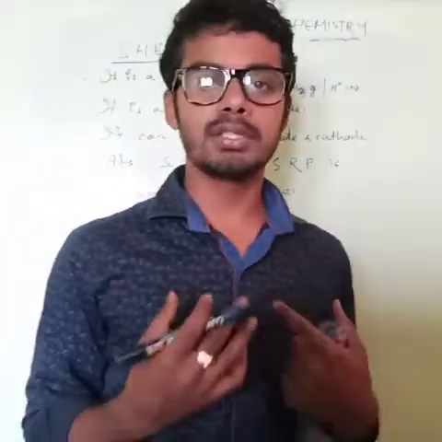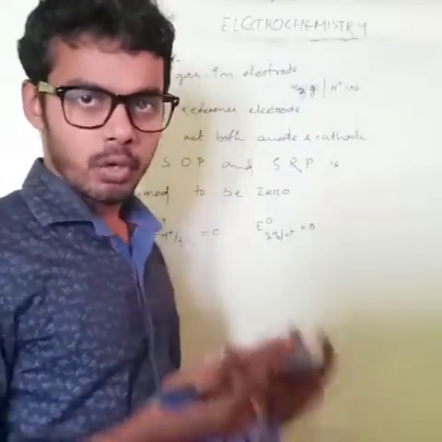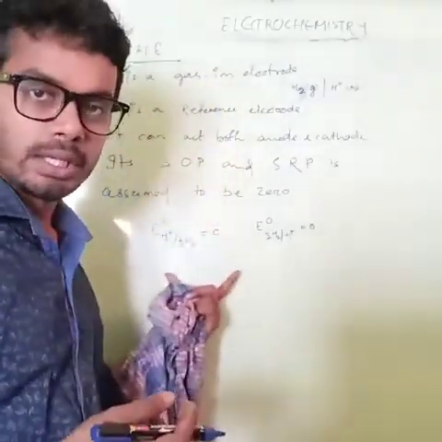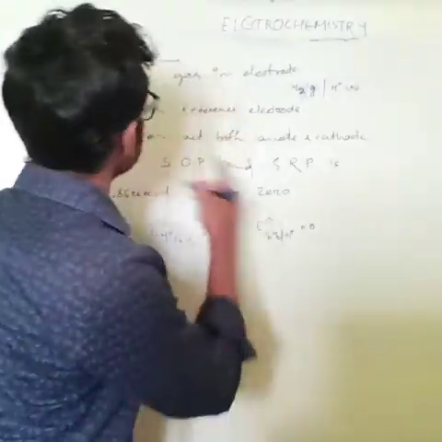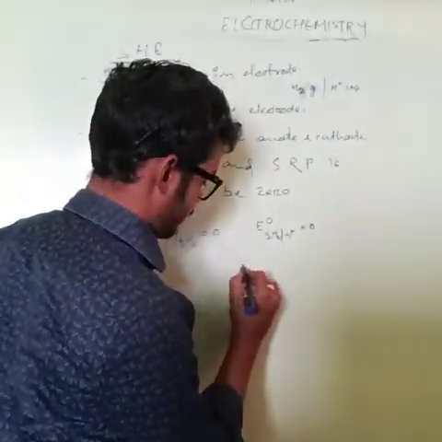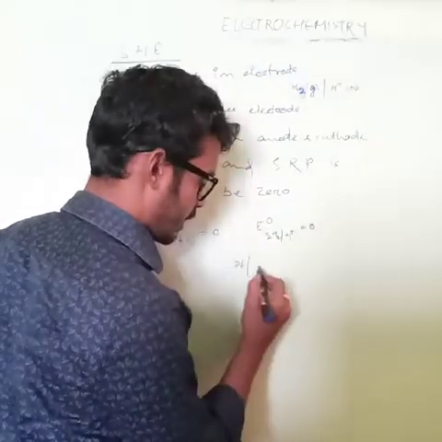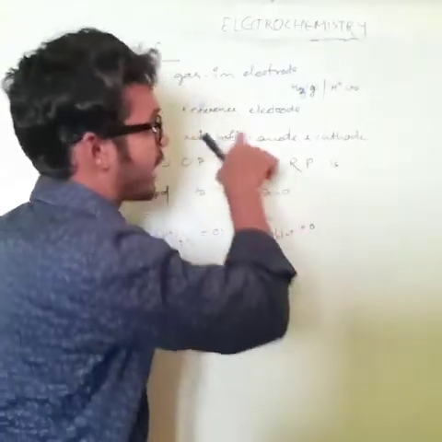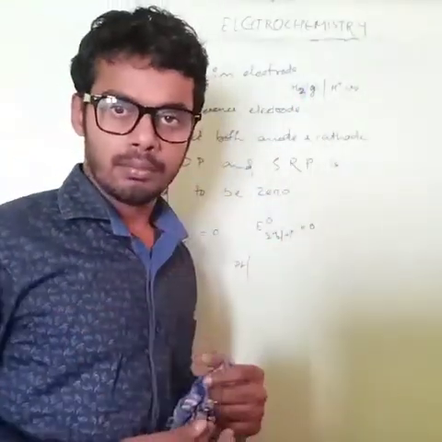Like zinc, we know that zinc's half cell potential is minus 0.76. From where do we get this? From this, by taking this as a reference electrode. Here platinum is taken as the electrode, because this is a gas ion electrode and we need one metal.